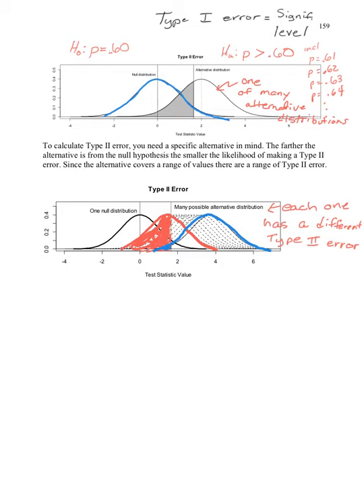So to calculate the type 2 error, as we said, you need a specific alternative in mind. And the type 2 error is actually a function, like a graph with p on the x-axis, all the different possible alternatives, and type 2 error on the y-axis.